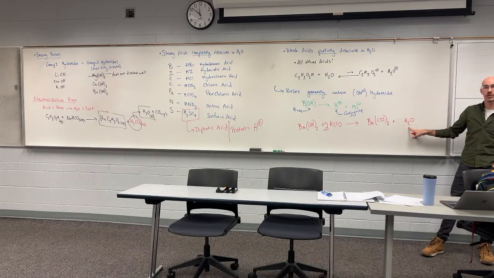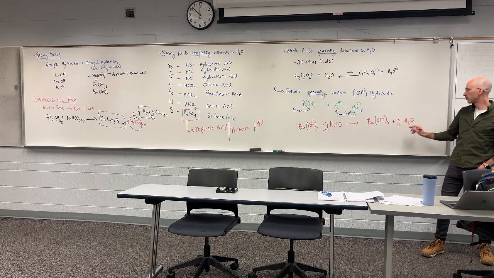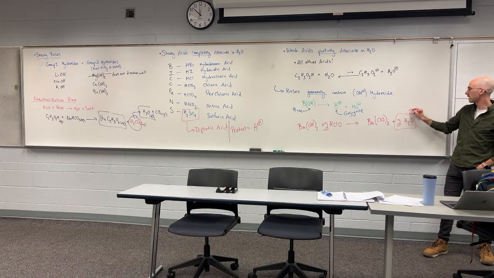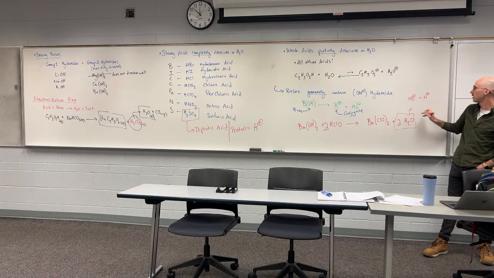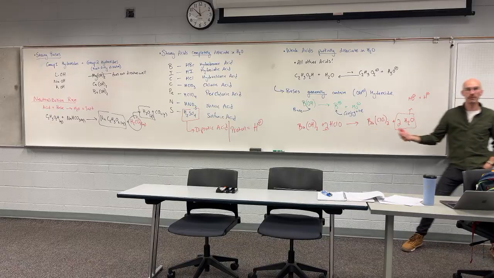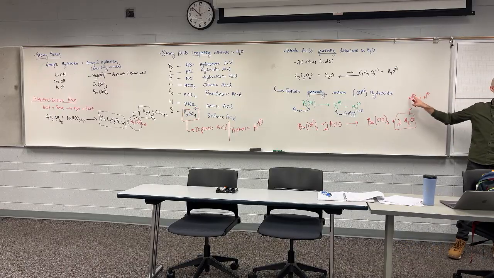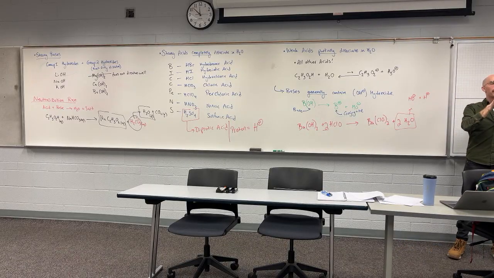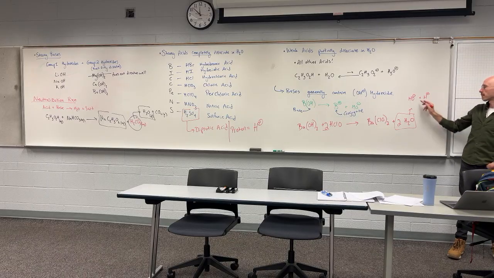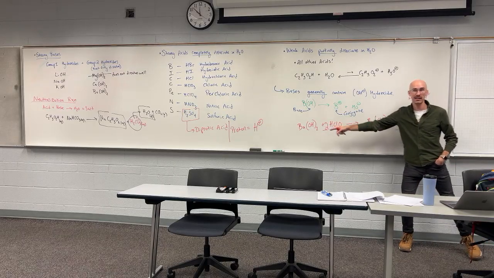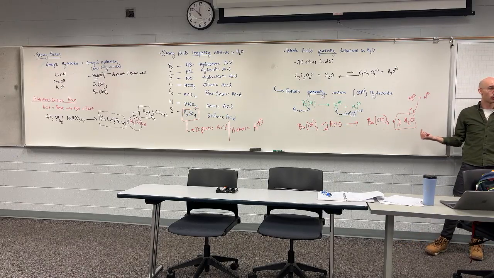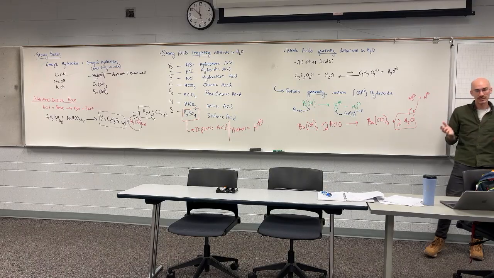That forms 2 waters. You can think of this water as being that hydroxide that has reacted with the H+ from the acid. I'm sorry, it's not an ionic bond, but that's where they form from. They come together to give you water. So if I have 2 hydroxides, I'm making 2 water molecules. That's as easy as it is.